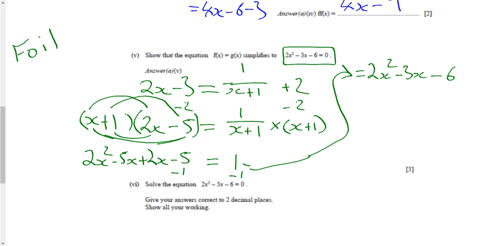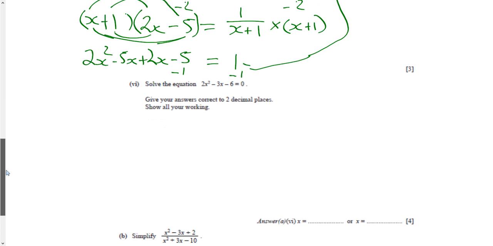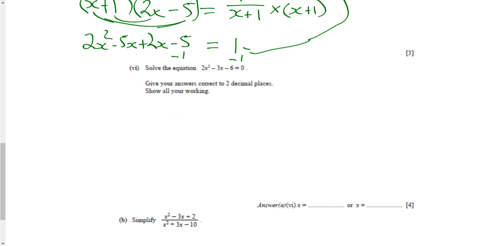Let's have a look at part 6. Now we've been asked to solve this equation here. If we've been asked to solve an equation, that means we've been asked to find out what the unknown or the variable is. So we've been asked to figure out what x is in this particular equation. Now we have what's called a quadratic equation.